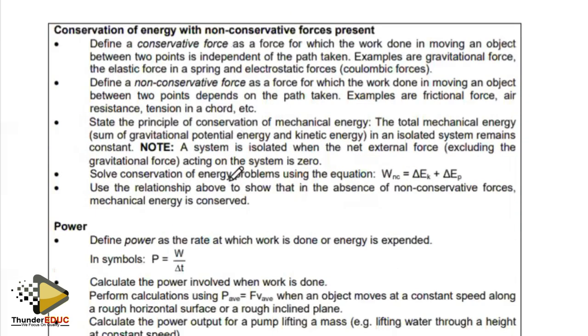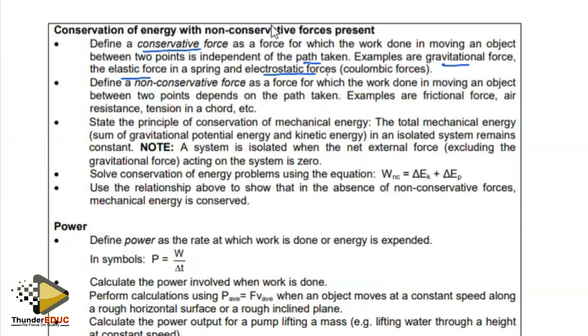And then the conservation of energy. It's two-way. Number one, you need to define what a conservative force is: the force for which work done in moving an object between two points is independent of the path. An example, you look at the gravitational force, the elastic force in a spring, and the electrostatic force. So these are automatic.